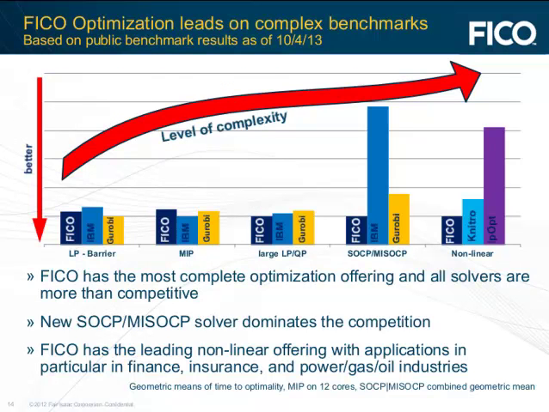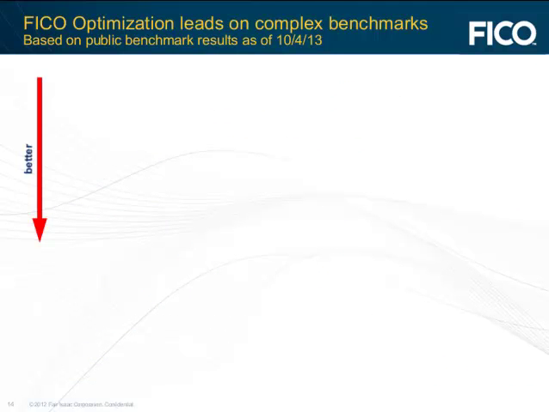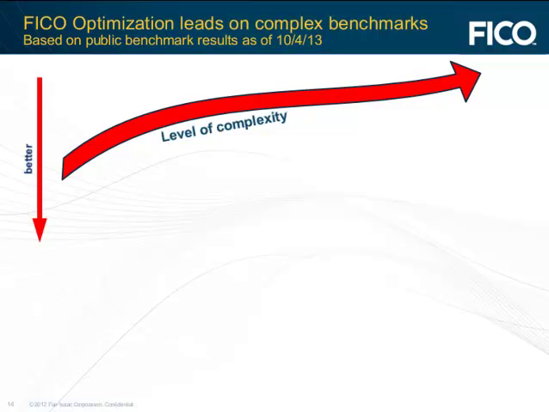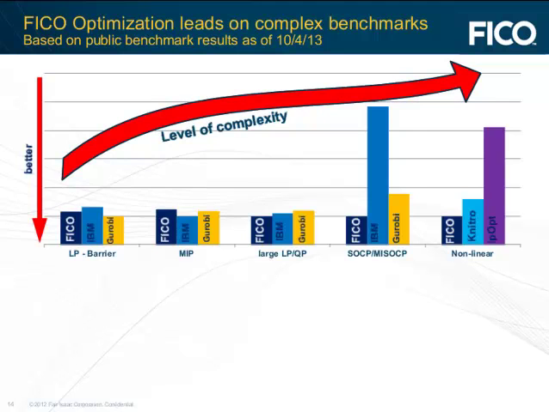Then on the benchmarking side, benchmarks are usually shown, the smaller the better. We have also ranked the problems by level of complexity. Going from linear programming over to MIP, quadratic programming, and then to second-order conic programming and mixed integer second-order conic programming, remember, that's our new solver, and then to the nonlinear solver, that's how the complexity increases.